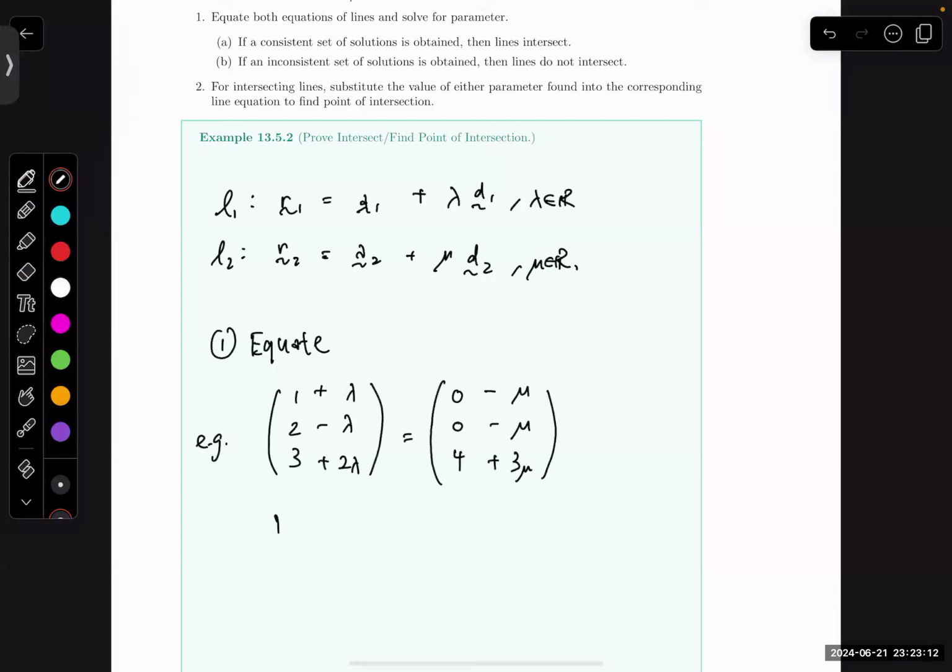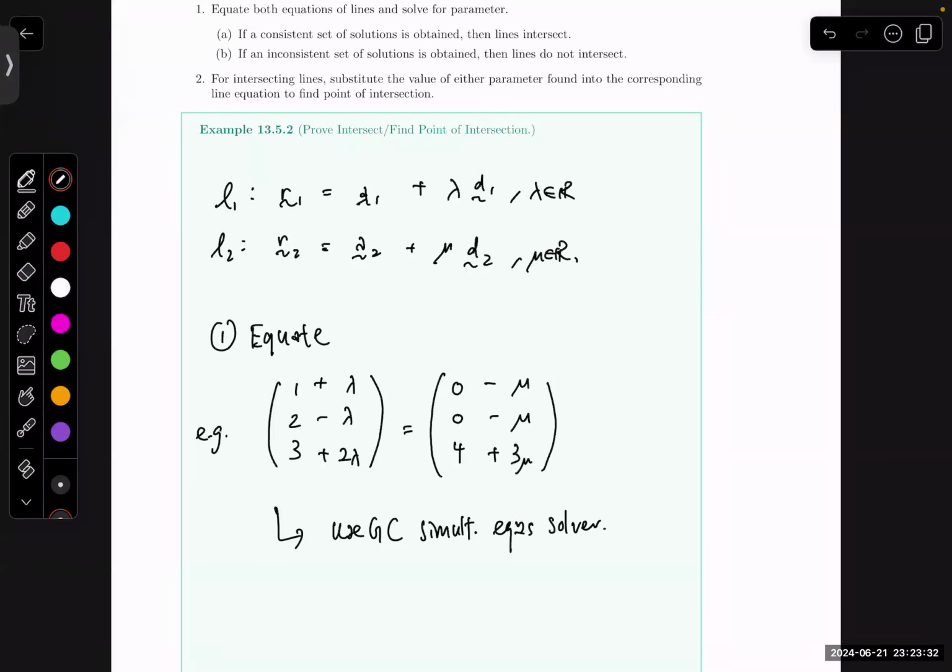Then you use the GC simultaneous equation solver. So you solve for the values of lambda and mu.